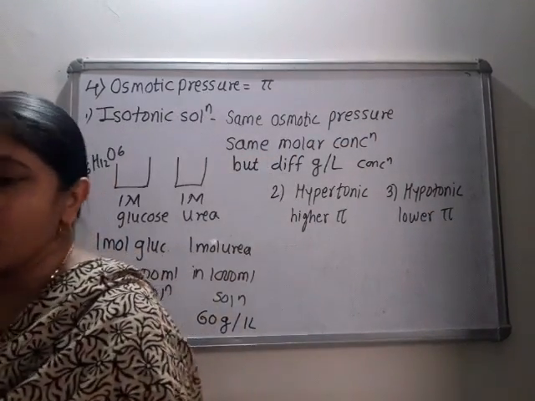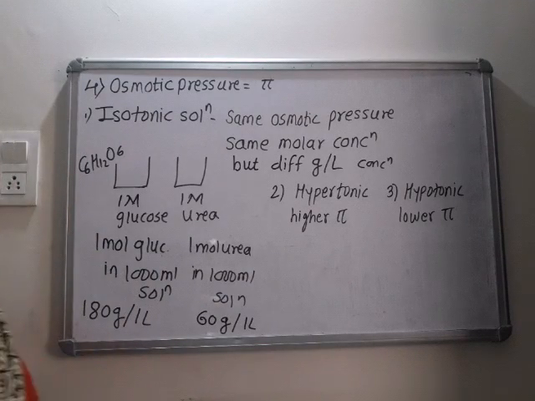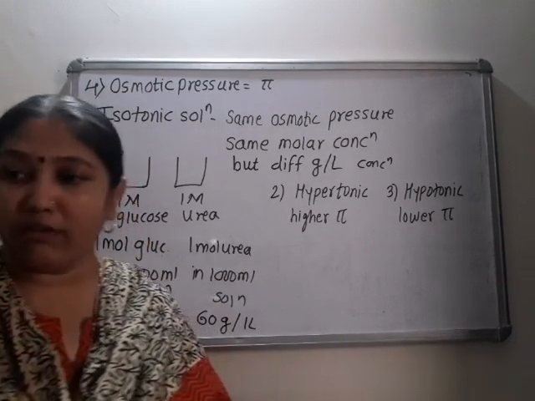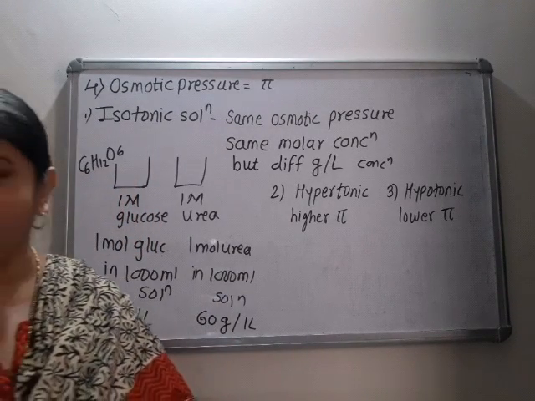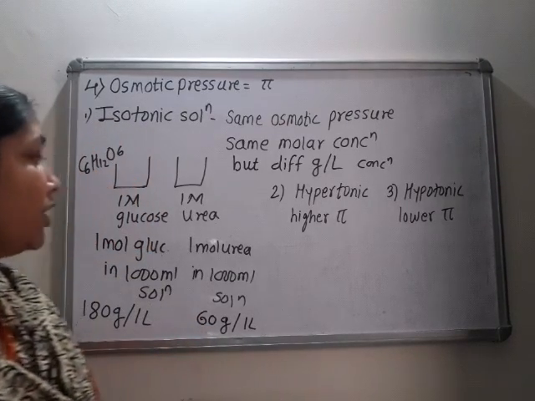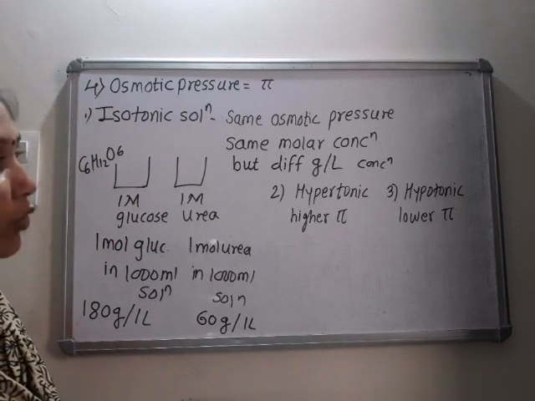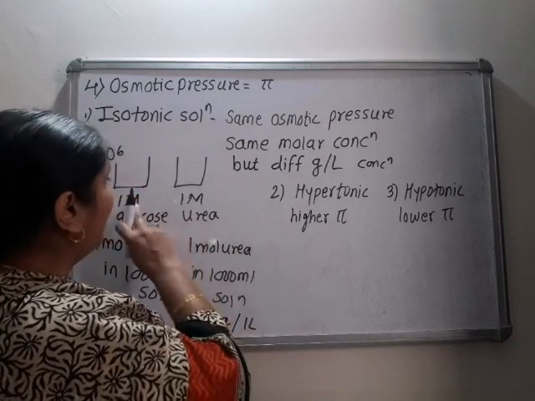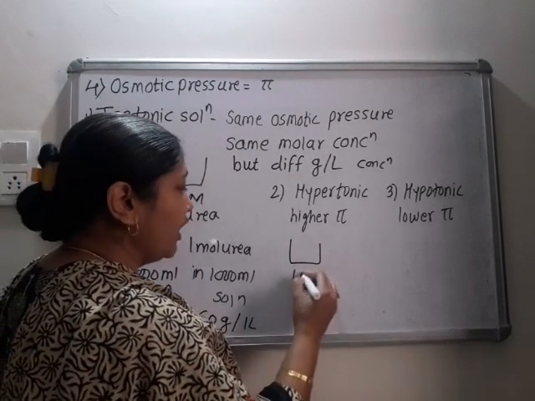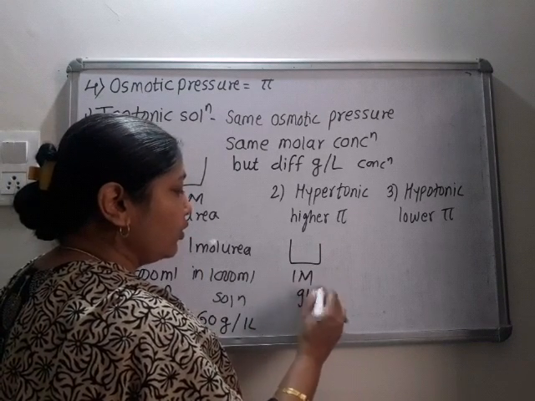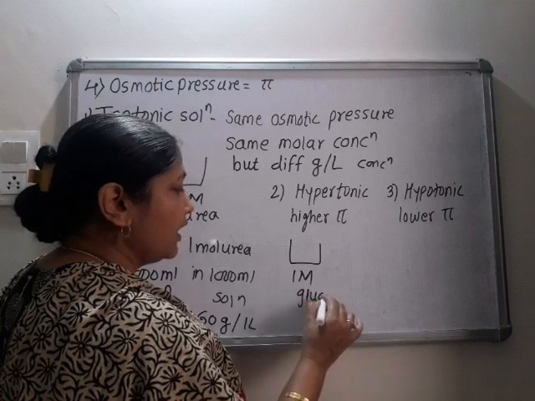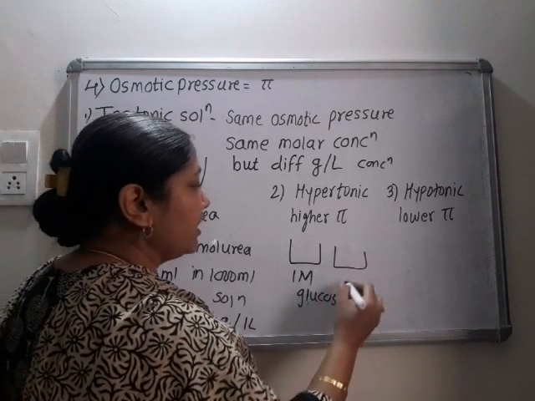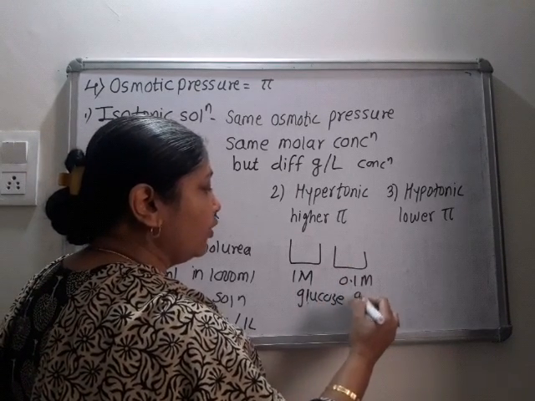Solution having higher osmotic pressure is called hypertonic solution. Solution having lower osmotic pressure is called hypotonic solution. What about their number of moles? The number of moles in this case is higher, right? 1 molar glucose, and here we have taken 0.1 molar glucose.